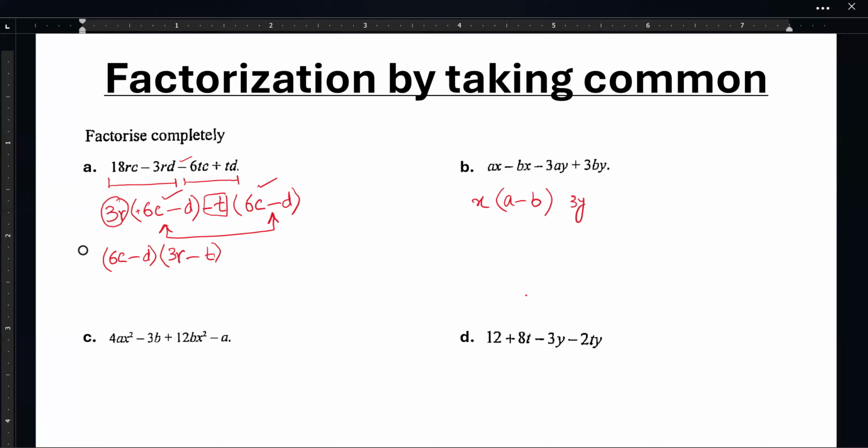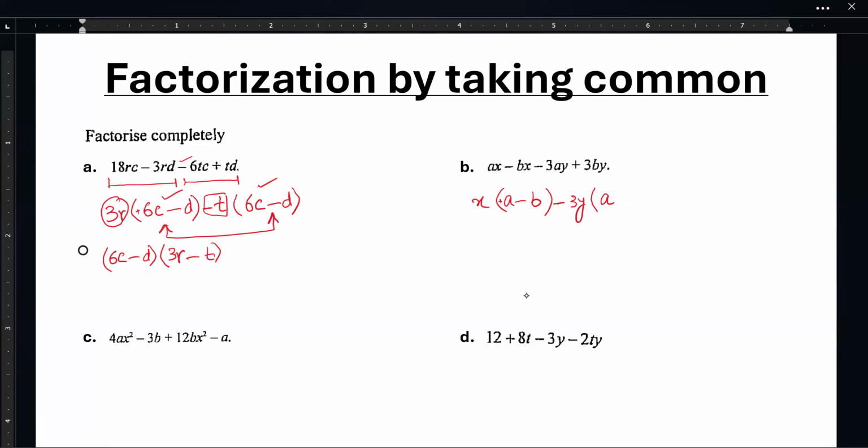Since you observe that in the first bracket your a is positive, in the second bracket a should be positive. So if I take 3 and y common from the first term along with the minus sign, what will happen? The sign changes and it is going to be plus a, not minus a.